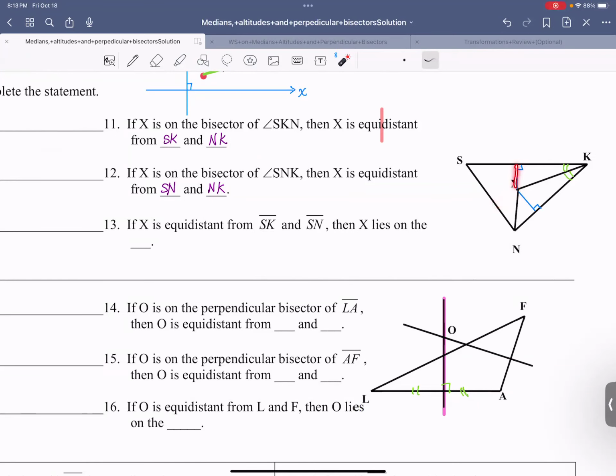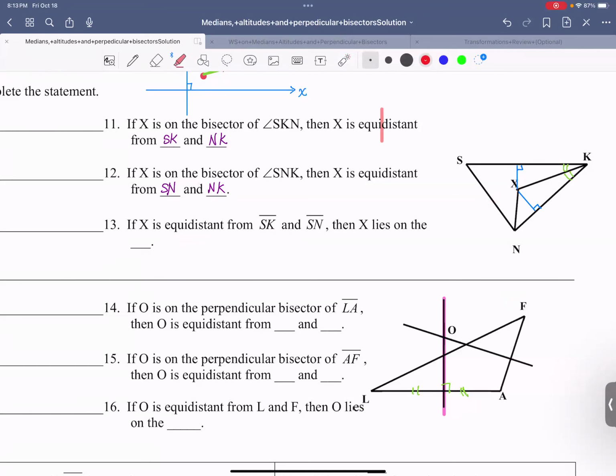If I tell you these two are congruent, then X is on what? Your answer is right here. Oh, lies on the bisector of SKN? And no, X is equidistant from SK and SN.